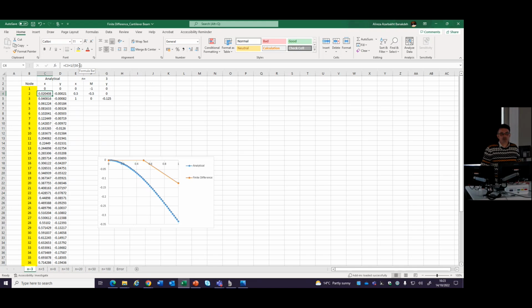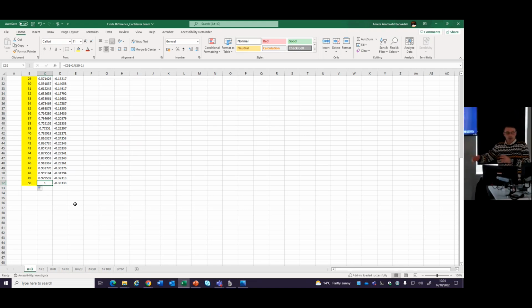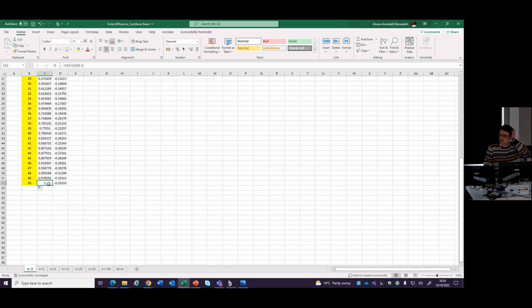For this case, I'm inherently assuming that the length of the beam is unity, 1. So in each of these, I'm adding 1 over 49 as a segment length to the previous one. So each segment length is 1 over 49. It goes to here, where for n equal to 50, the last one, the length is 1.